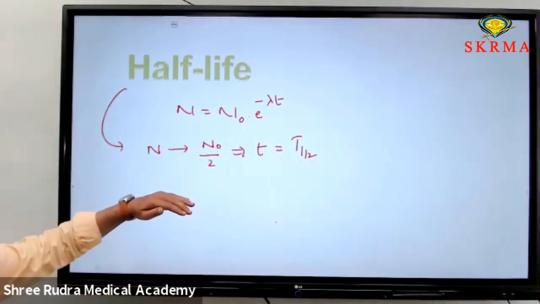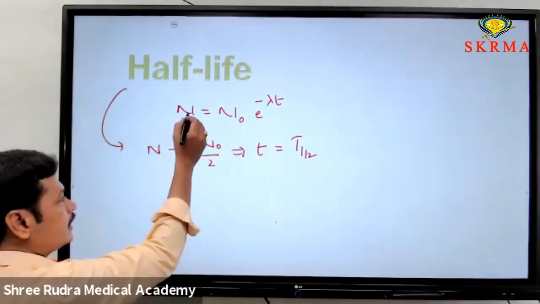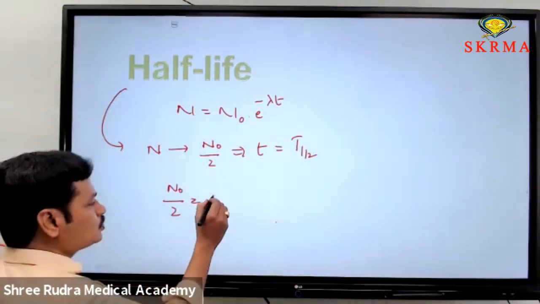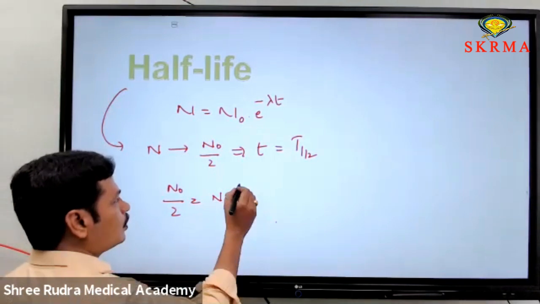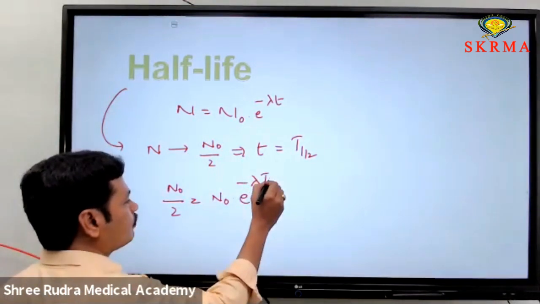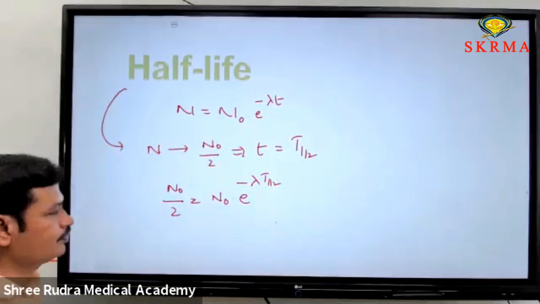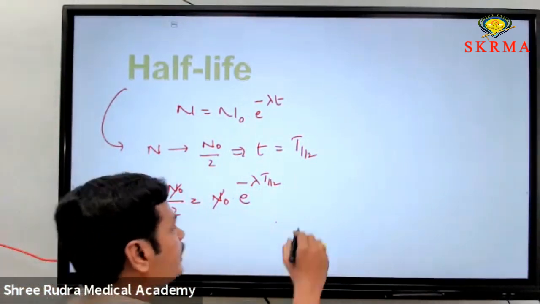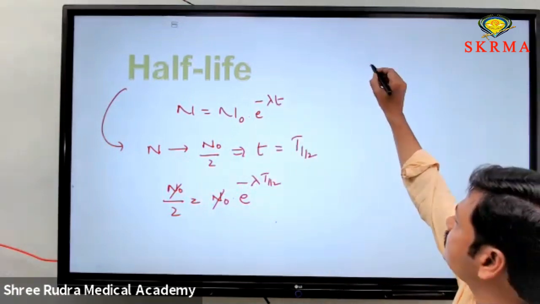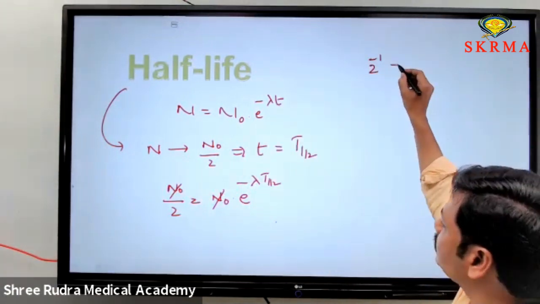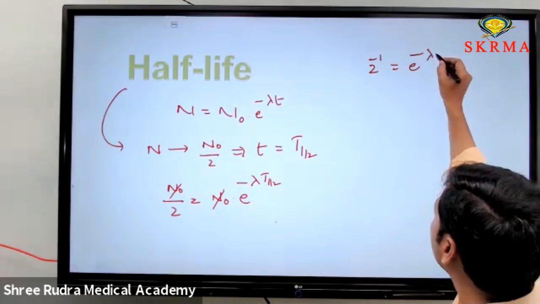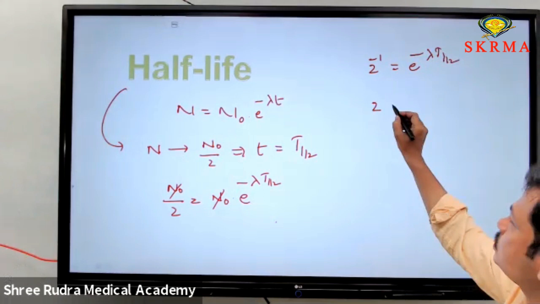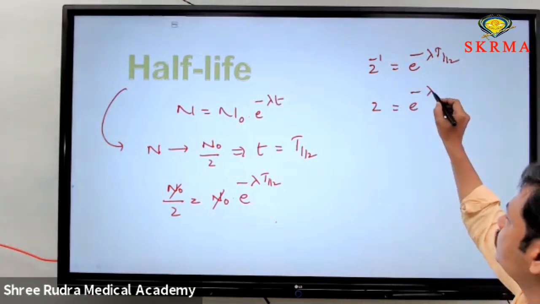If you write these terms in the equation, N is N naught by 2, that equals N naught into e power minus lambda t half. On both sides N naught will be cancelled. The remaining can be written as 2 power minus 1 equals e power minus lambda t half, so 2 equals e power lambda t half.